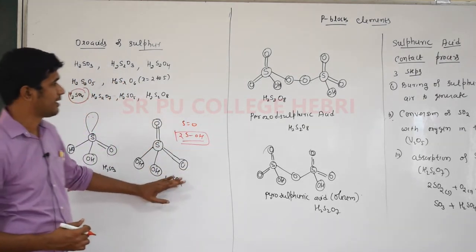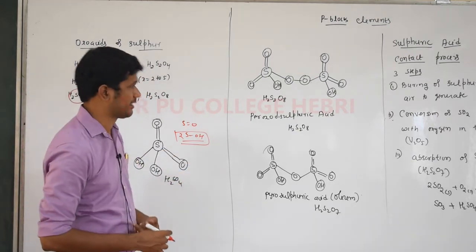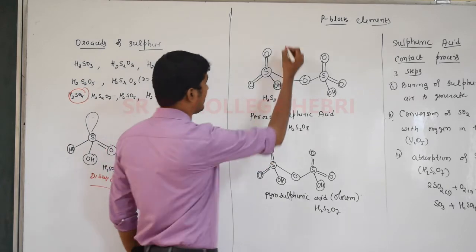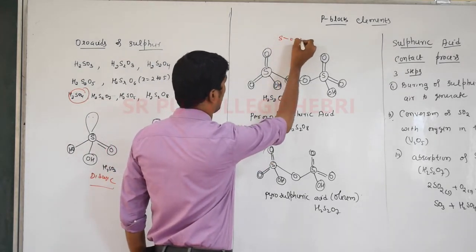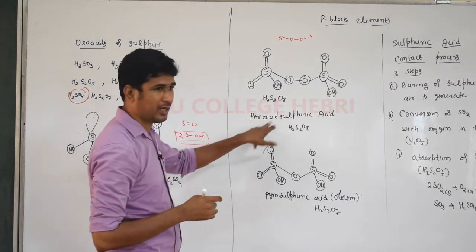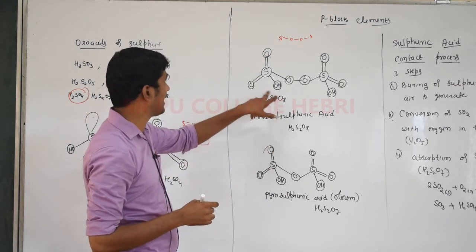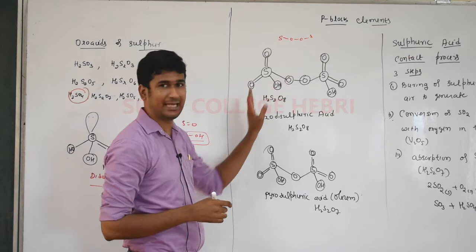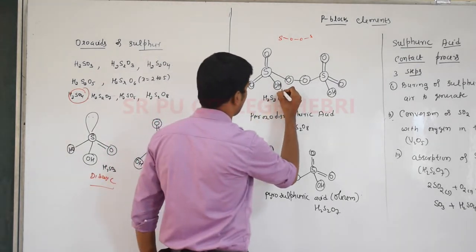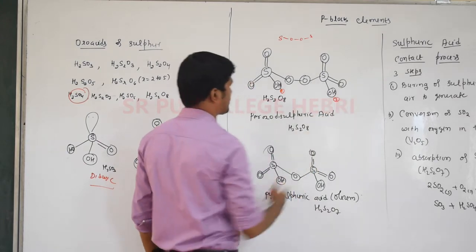The next one is peroxodisulfuric acid, H2S2O8. In this we have an S-O-O-S linkage. This is important, you must remember. In peroxodisulfuric acid we have an S-O-O-S linkage. Is it clear? Again, it is a dibasic acid which has 2 OH groups.